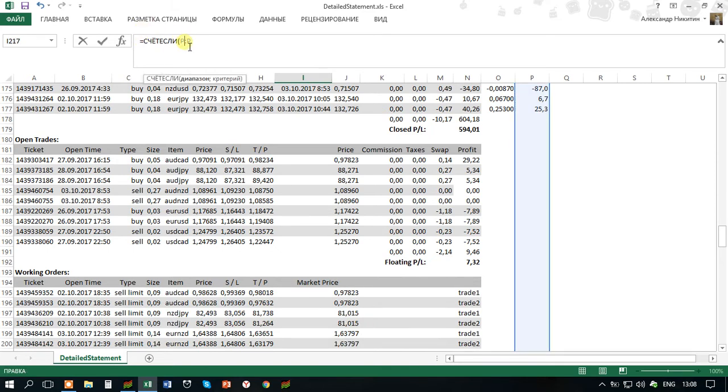So starting from P2 and into P177, and the criteria should be more or equals than 0, because we decided zeros to be winners as well. And it will return me the number of how many winners, the count of winners.